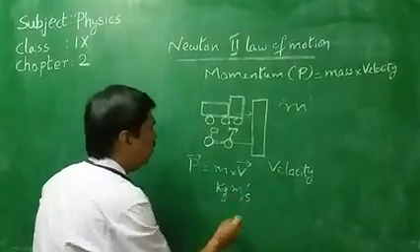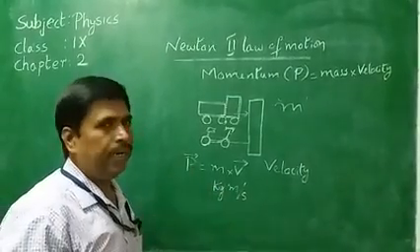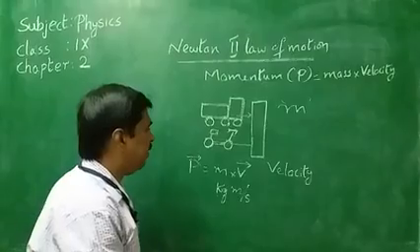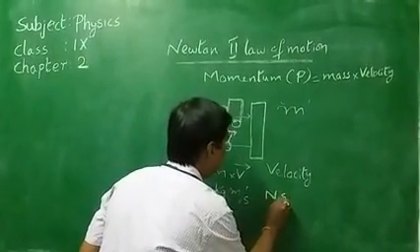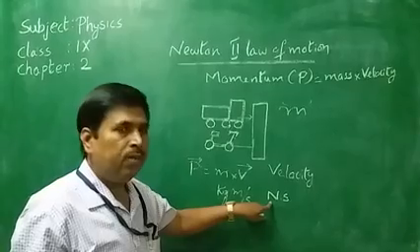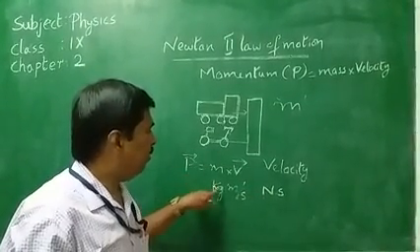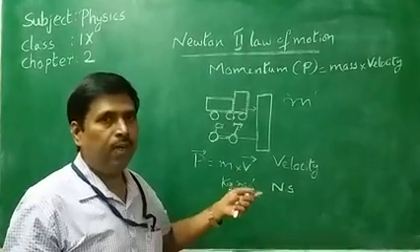So kilogram meter per second, that is the SI unit of momentum. Or we have another unit, which is Newton second. So Newton second is also another unit of momentum. Kilogram meter per second or Newton second, that is the SI unit of momentum.